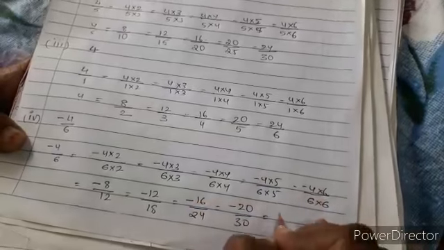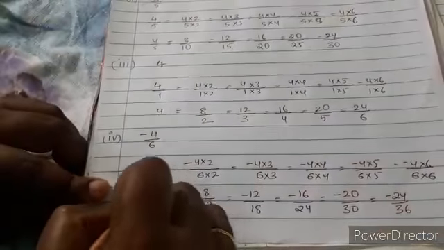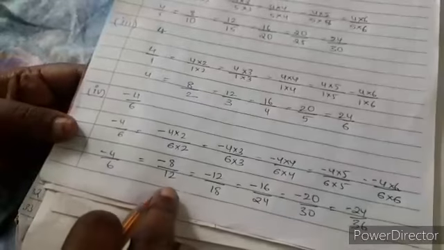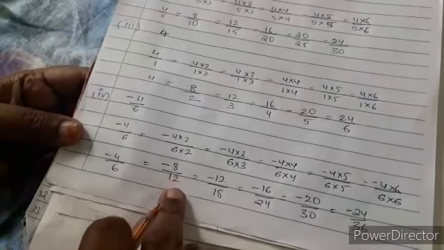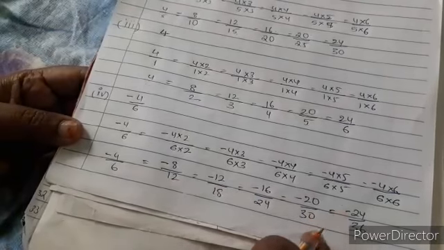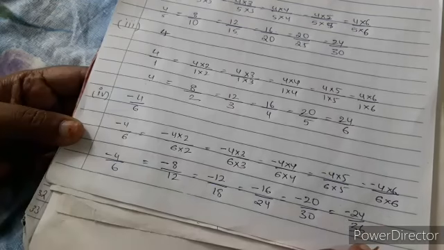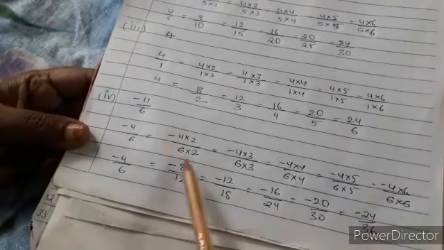And minus 4 into 6 is minus 24, that is 36. We get the answer. These are the required equivalent fractions of minus 4 by 6: minus 8 by 12, minus 12 by 18, minus 16 by 24, minus 20 by 30, minus 24 by 36. Now you try to cancel them.